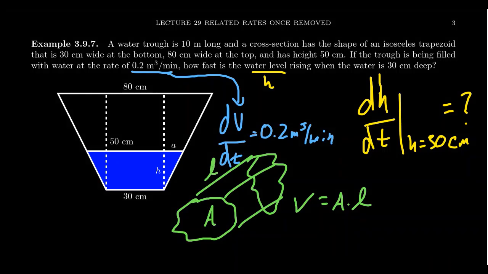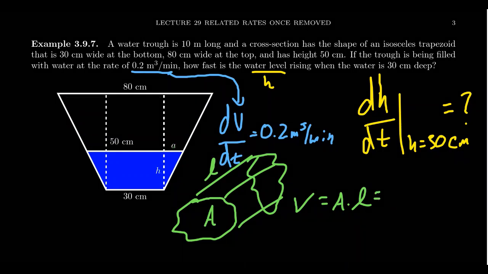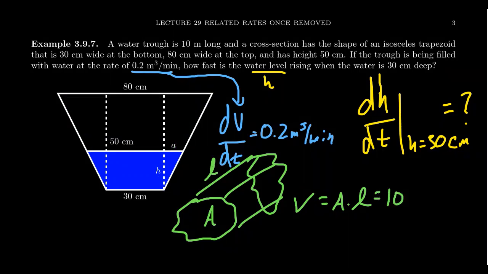We need to take the area of the face, the trapezoid, times the length, which we already know is 10 meters. So let's figure out the cross-sectional area a little better before going on.